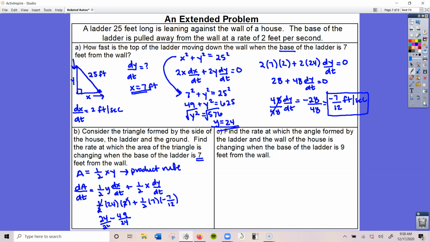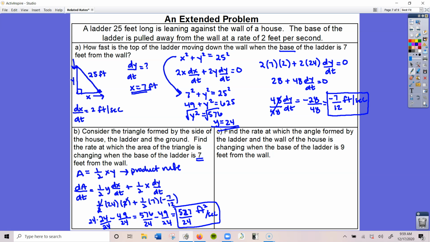So I would have to put this over 24 and then multiply this by 24, which would equal 576 over 24 minus 49 over 24. And 576 minus 49 is 527 over 24. And since this represents dA/dt, this would be feet squared per second. Since it is area, your units have to be squared.